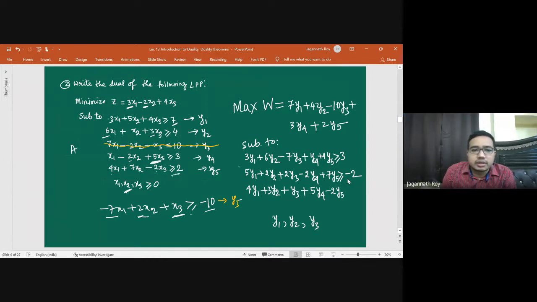Then the third variable is greater than. So let us write the third constraint as greater than 0. The third variable is 4. Okay, so the constraints are okay now. How about variables? If the constraints are greater than type, then y4 and y5 also have to be greater than.